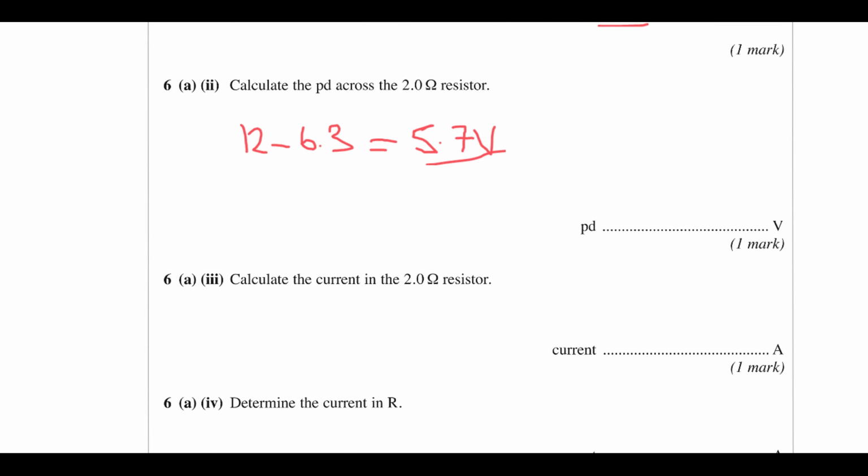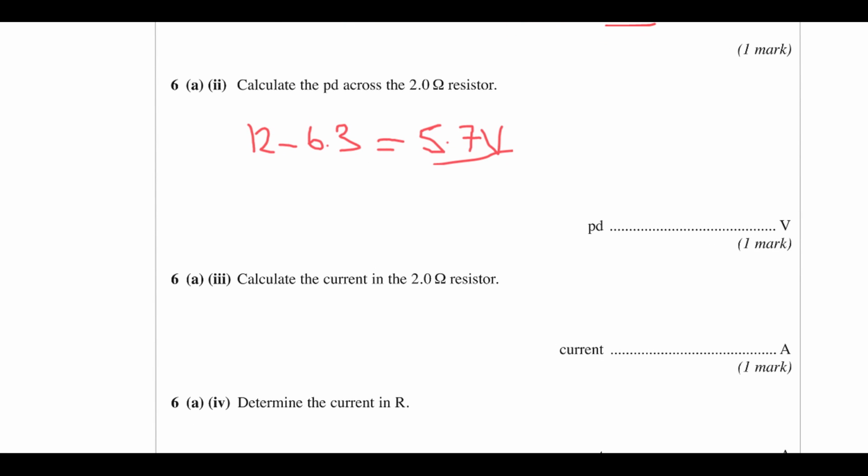So if we want the current in the 2 ohm resistor, we're just going to have a rearranged version of Ohm's law. We know the potential difference across it. We know its resistance. So this is pretty straightforward. 5.7 divided by 2 is 2.85. So I'm going to give it as 2.9 because you should be giving that to 2 significant figures there.